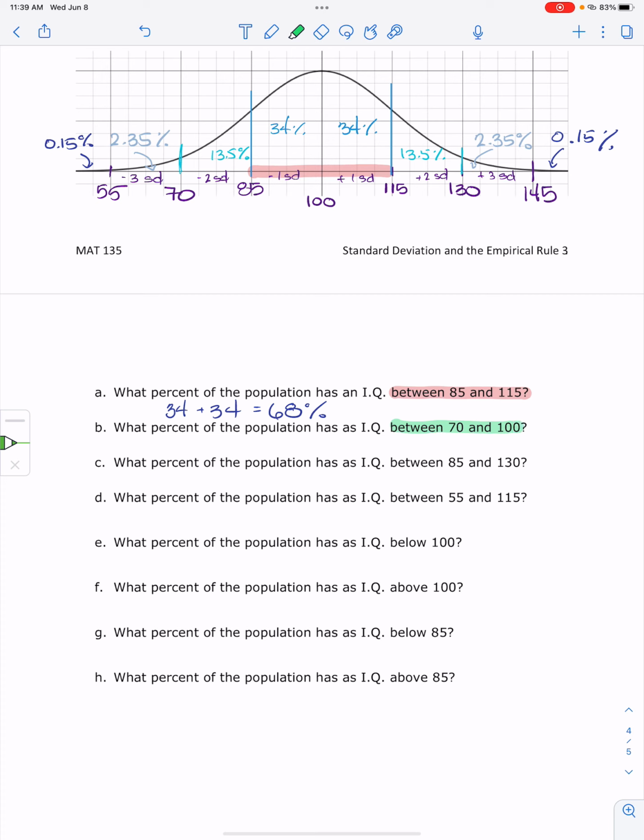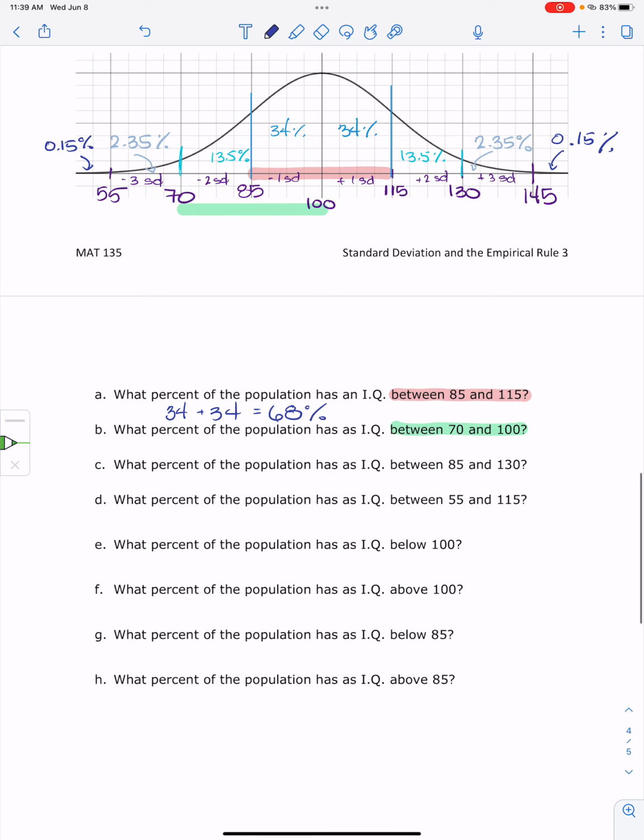Between 70 and 100, so here I am, 70 to 100. My 70 to 85 is 13.5%. My 85 to 100 is 34% of the population. I get 47.5% of the population between 70 and 100.